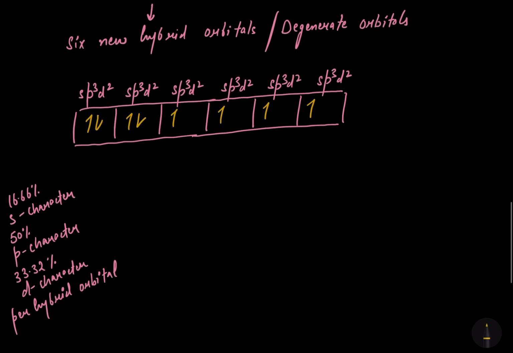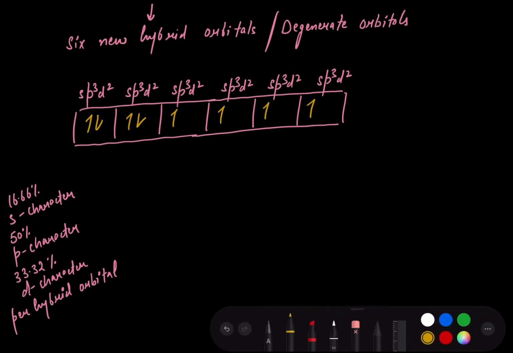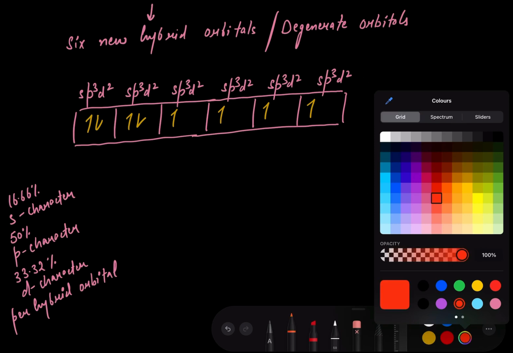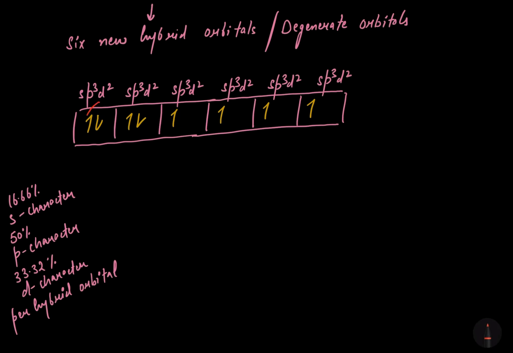Now here, whenever any hybrid orbital is having 2 electrons or a pair of electrons, then that pair of electrons is regarded as a lone pair of electrons. I am repeating it again. Whenever a hybrid orbital has 2 electrons in it, then that pair of electrons is regarded as a lone pair of electrons.